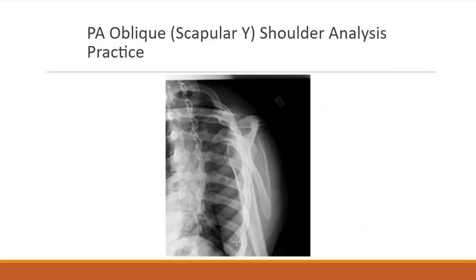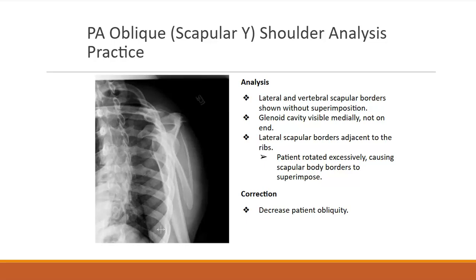Go ahead and review this last practice analysis and answer the following question. Let's review this practice analysis together. First, you want to identify if all our anatomic structures are present. Yes, they are. However, are we positioned appropriately? First, we want to identify whether or not the lateral and vertebral scapular borders are superimposed.